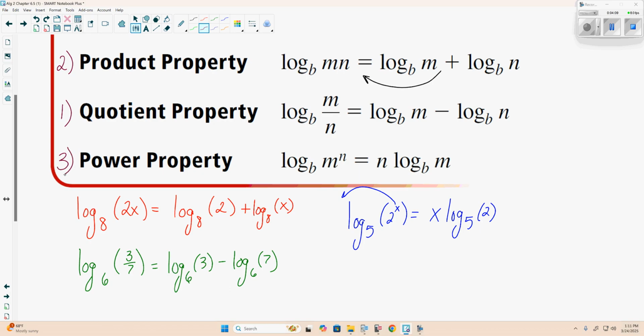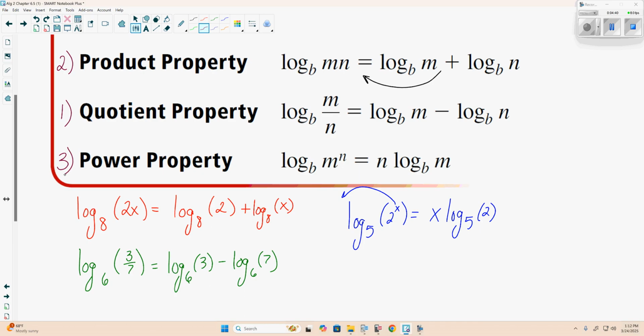When we expand and pull this all the way apart, the first one we want to apply is going to be our quotient. Applying the quotient property first is going to make these a little bit nicer to work with. The second property we'll apply to expand it is going to be our product. And the last one is going to be our power property.